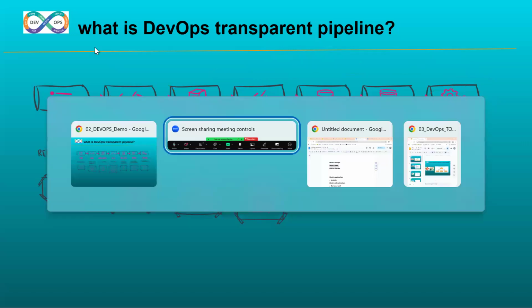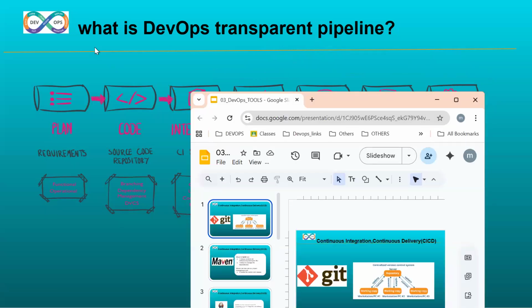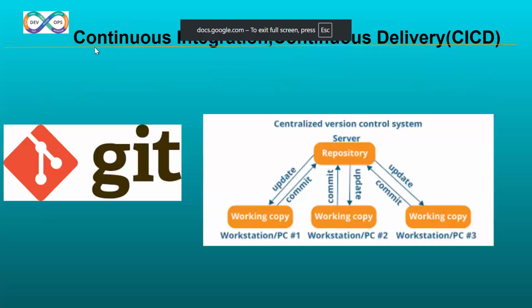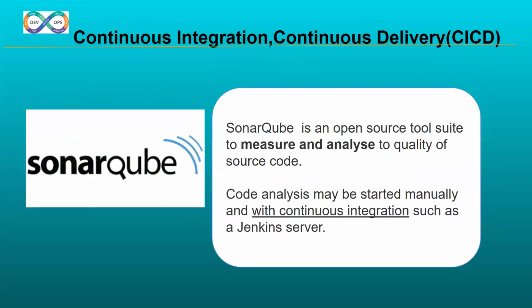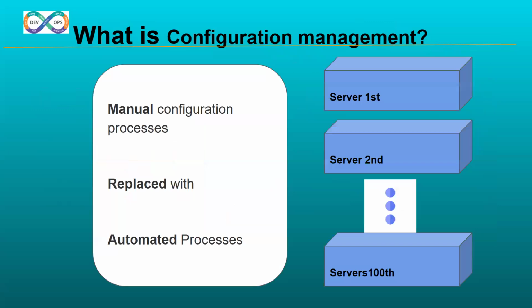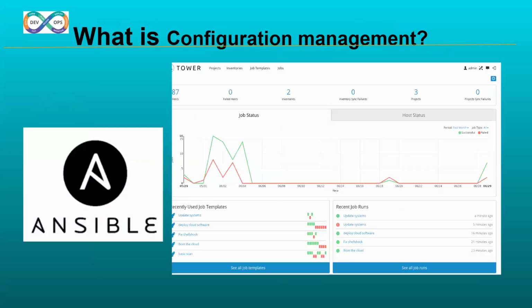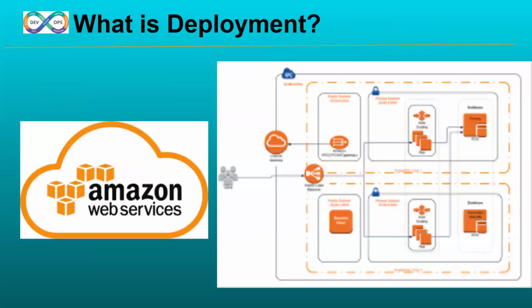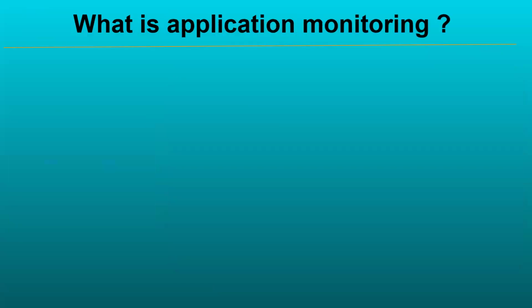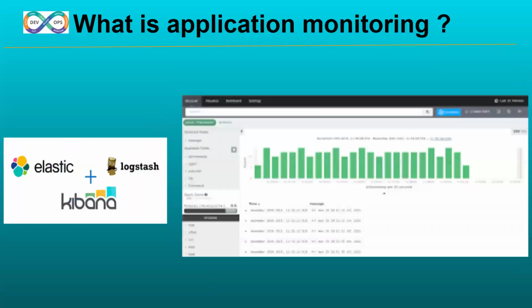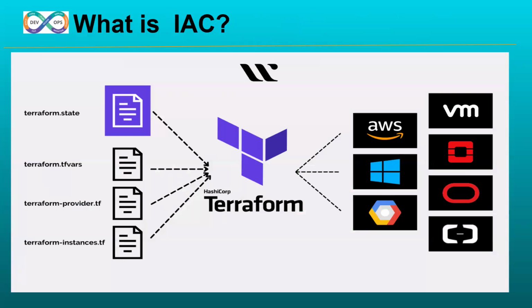With the help of a tool stack. Which are all the tools we are going to use? We are going to use a tool stack like Git, Maven, Jenkins, JFrog, SonarQube, a configuration management tool such as Ansible, Amazon Web Services, Docker, Kubernetes, Elasticsearch Logstash Kibana, and Terraform.